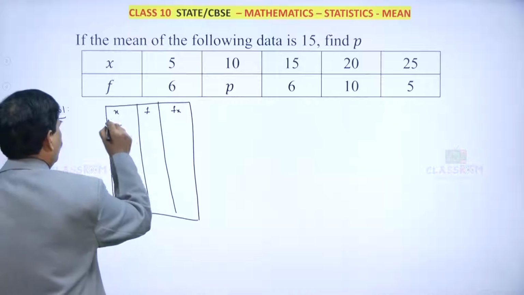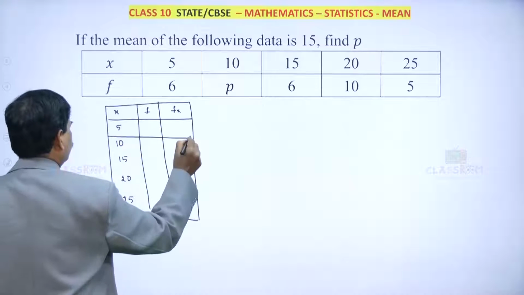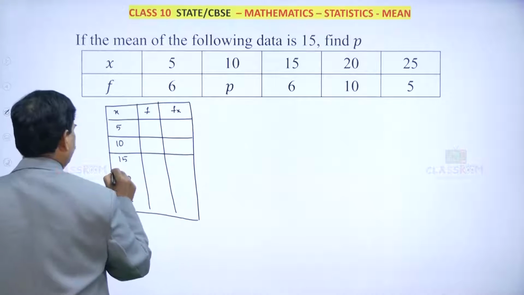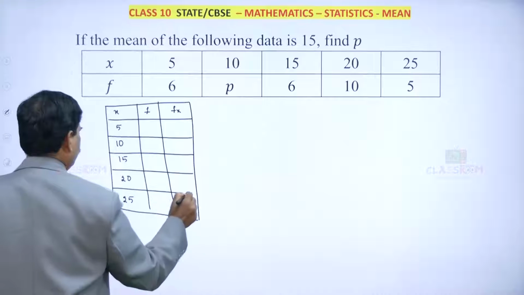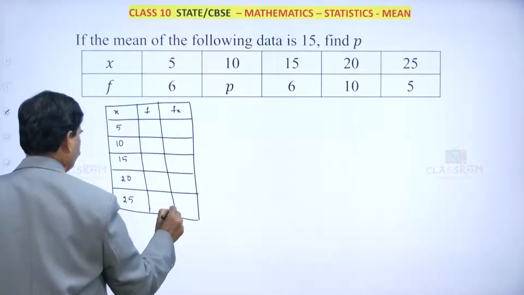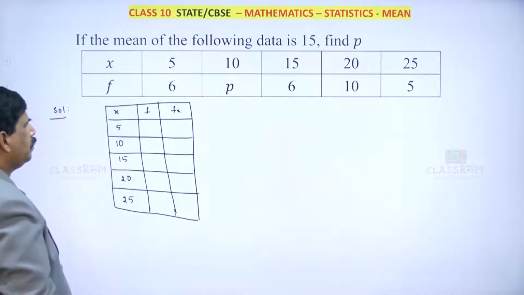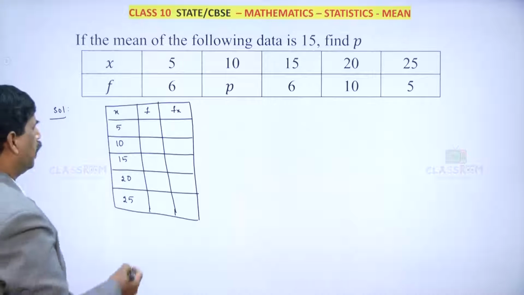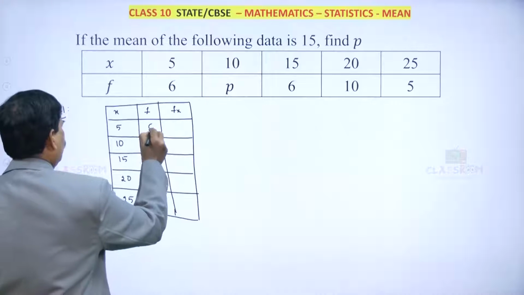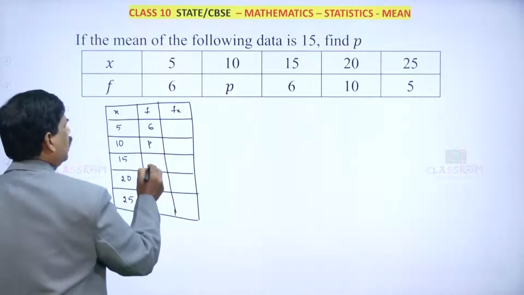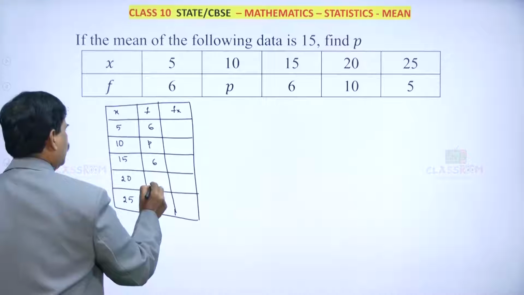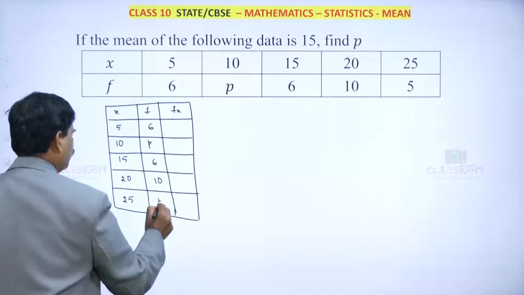So we are just drawing one table. Now let us see the frequencies children. 6 and you have P, again 6, 10 and 5.